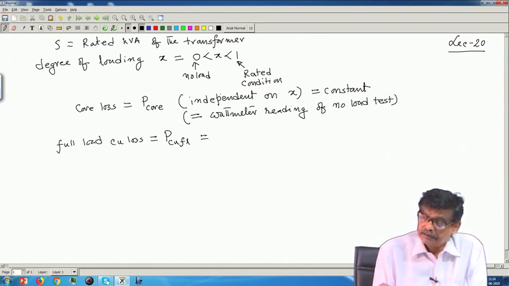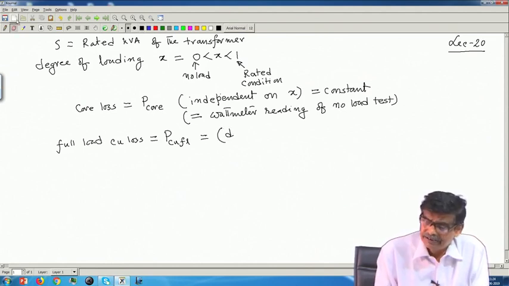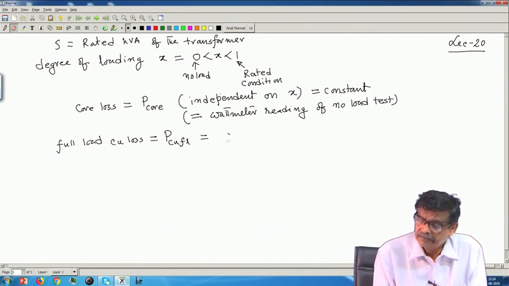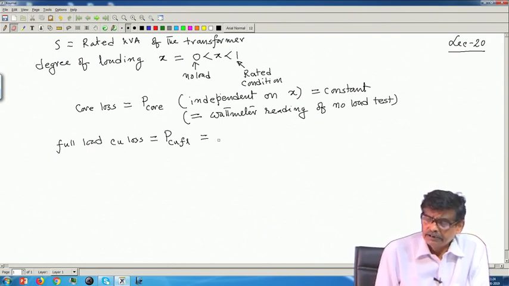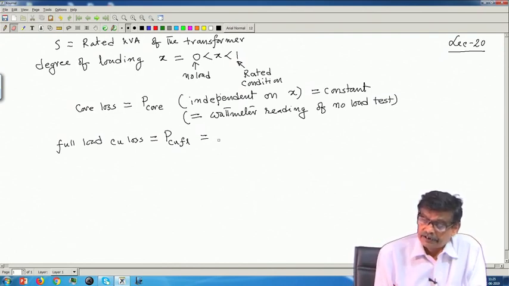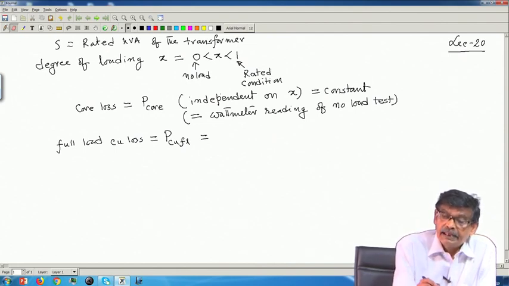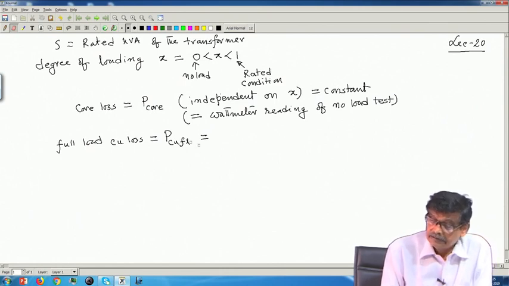Full load copper loss is a constant thing. At full load current, when the coils are carrying full load current, what is the total copper loss?